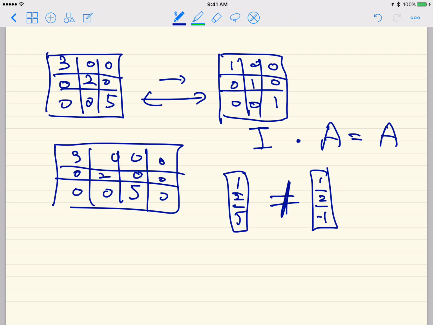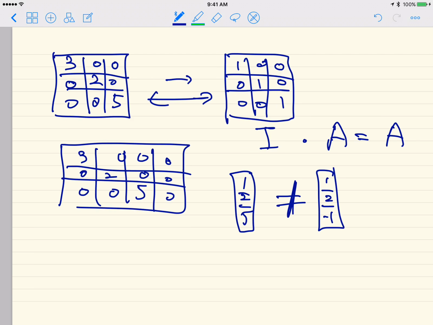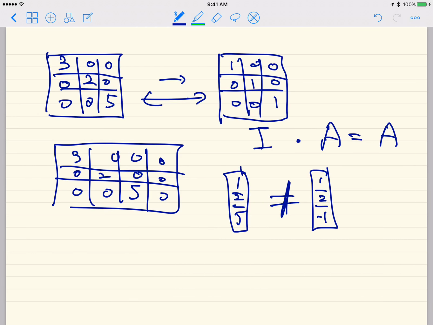They are not equal, right? Because we say they are equal if each of these entries is exactly the same. So in the case of matrices, if two matrices are equal, then every element should be the same, and of course the size should also be the same between the two matrices.